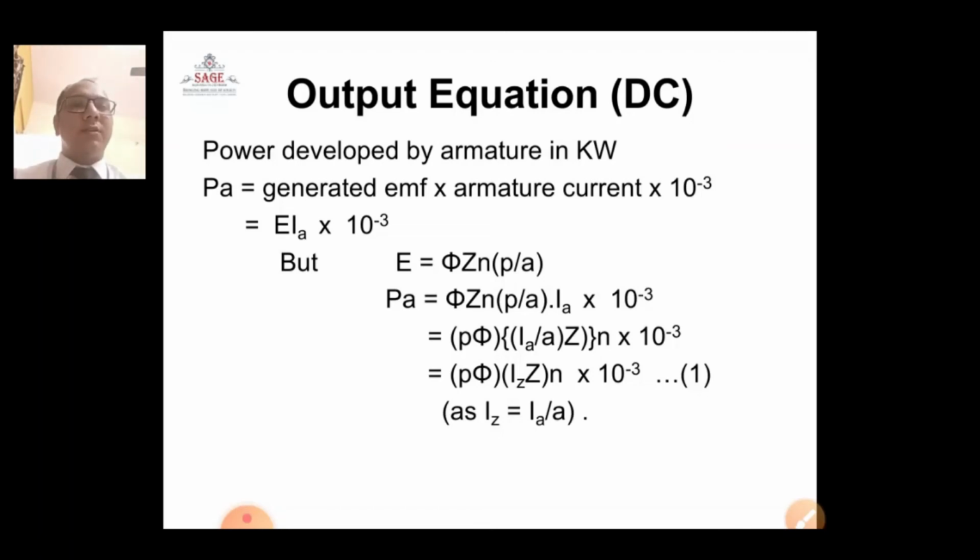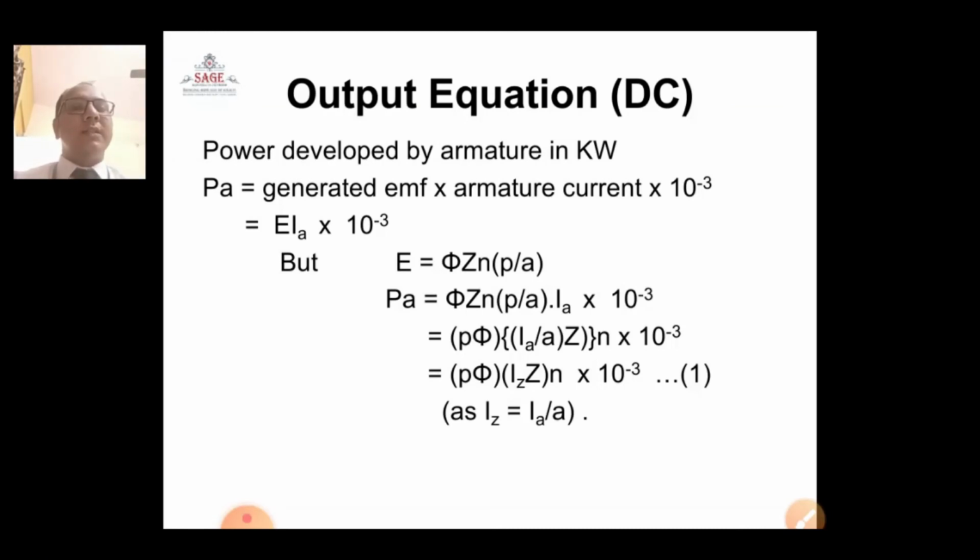By proper combination of parameters, P and phi together, and the armature current Ia with the number of parallel paths in the denominator multiplied with Z, and finally multiplying with speed into 10 raised to minus 3. So P phi and Iz is derived from Ia upon A. P phi, from the definition, is nothing but total magnetic loading, and Iz into Z is total electric loading.